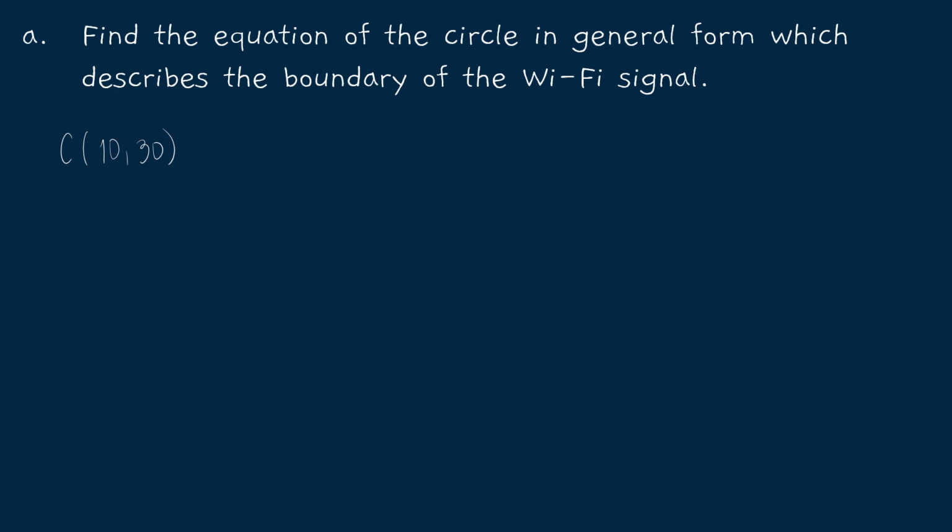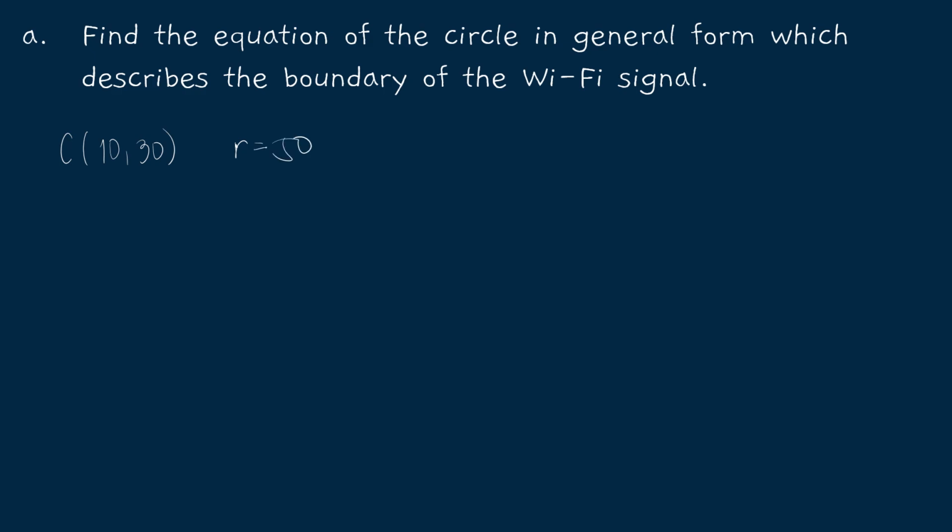So the coordinate is (10, 30) of their house, and approximately the range of the Wi-Fi signal of their router is about 50 feet. So the radius will become r = 50.